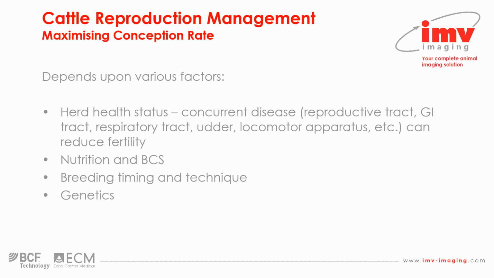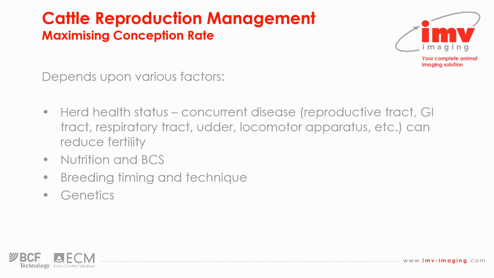Clearly foot disease is going to be a major concern, but any other locomotor disease, musculoskeletal disease will also be of significance, and they all have the potential to reduce fertility. Nutrition and correspondingly body condition score are key as well.